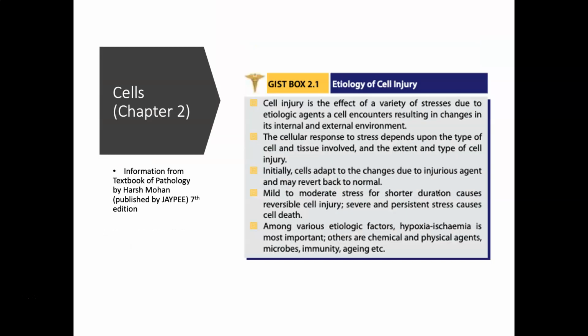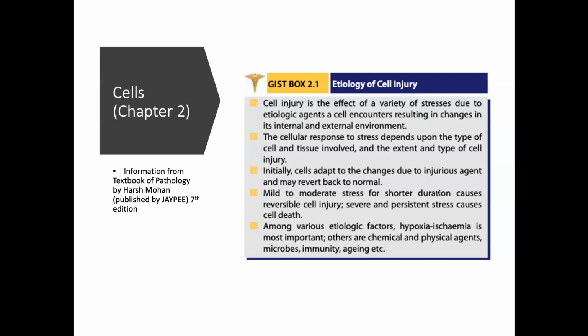Okay, cells, looking at cells in chapter 2, the GIST box, the things I'd like you to know here are that initially, number 3, initially cells adapt to the changes due to injurious agents and may revert back to normal. Box number 4, mild to moderate stress for shorter duration causes reversible cell injury.